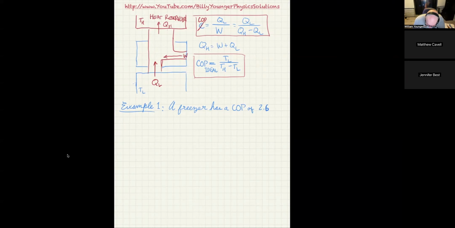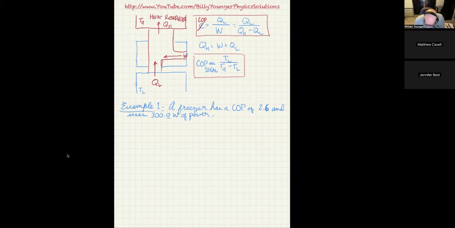That's a bad looking six there. Of 2.6, and it uses about 300.0 watts of power. And that means obviously from the power company, more or less, to run the compressors and all that good stuff.